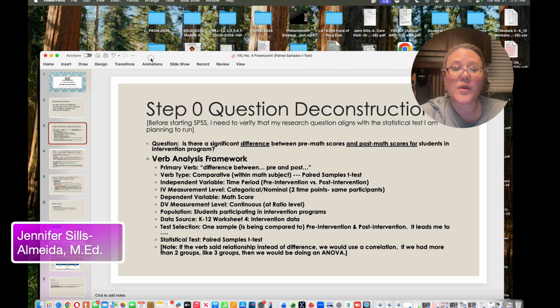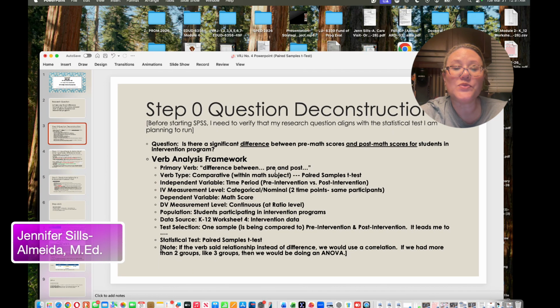When we are looking at the verb analysis framework, we need to look at keywords. In this sense, it's "difference between" and "pre" and "post." We are going to have a comparative paired sample t-test. Within the math subject, we're looking to see if the scores change based on the intervention.